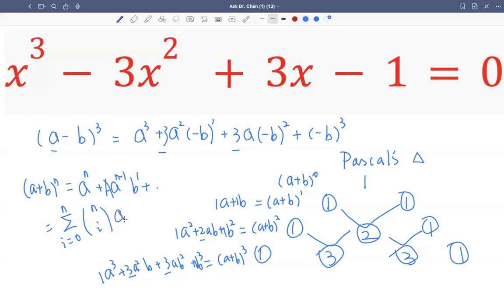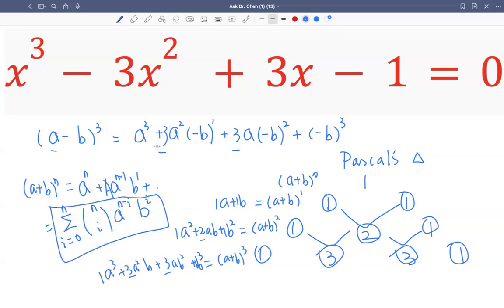Then the first term goes in descending order, so we choose n minus i. And the second term goes in ascending order, which means b raised to i. Right, i goes from 0 to n. So you see the first term, we have n choose 0. How many ways of choosing 0 out of n? Choose nothing, and that's one way to do it. Okay, so this is a shorthand of the binomial theorem.